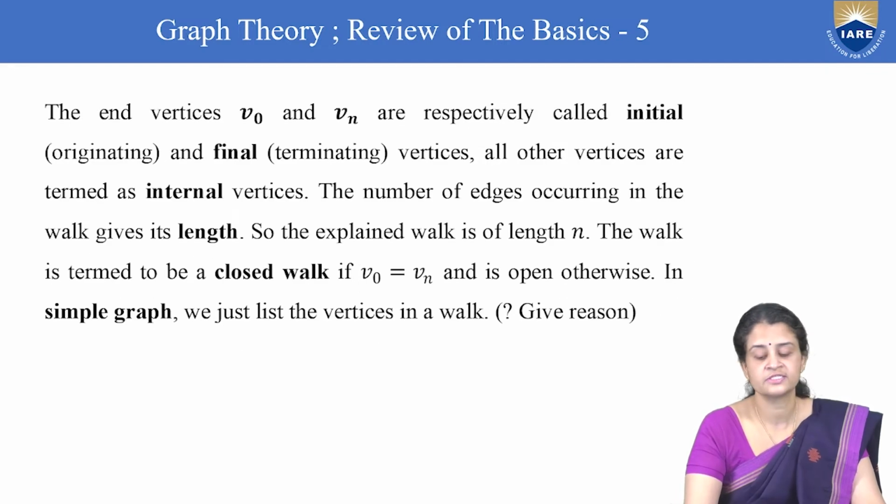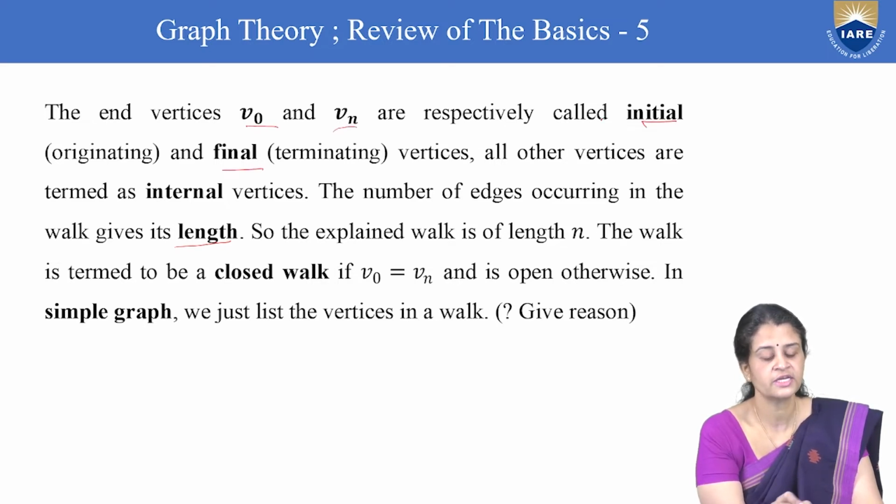The vertices V0 and Vn are called the initial and final vertices, or we can say the originating and terminating vertices of the walk. All other vertices that come in between V0 and Vn are termed internal vertices. The number of edges occurring in the walk gives the length of the walk. So V0 is the initial vertex and Vn the final vertex.